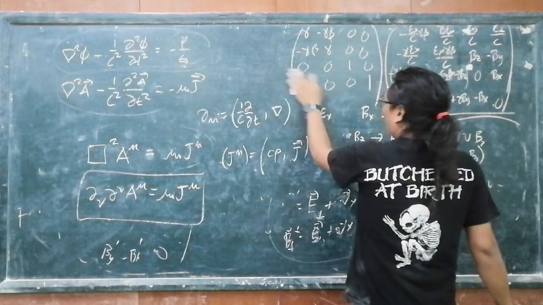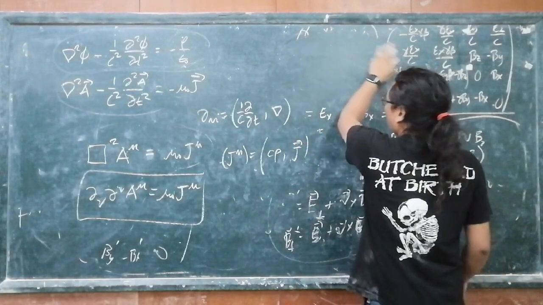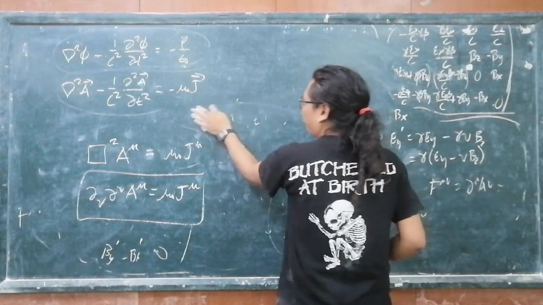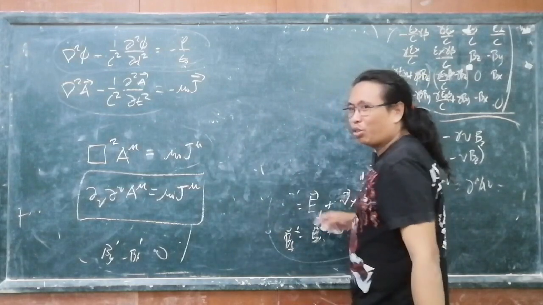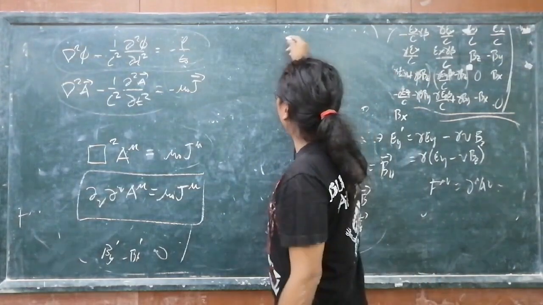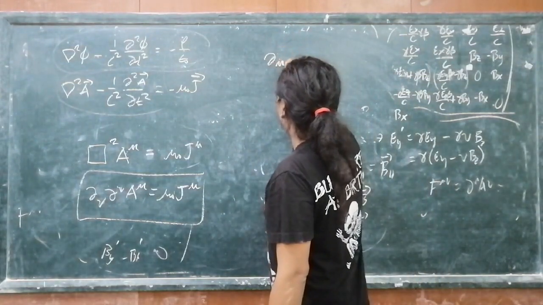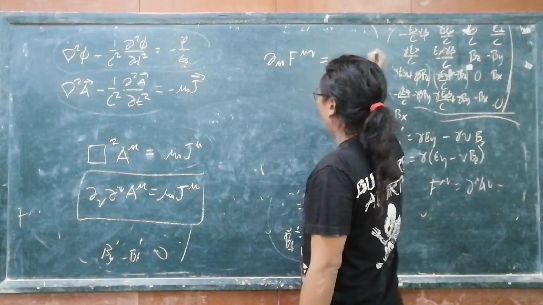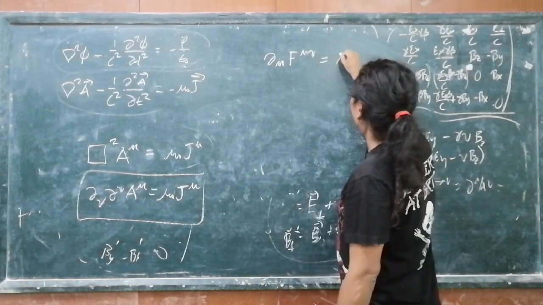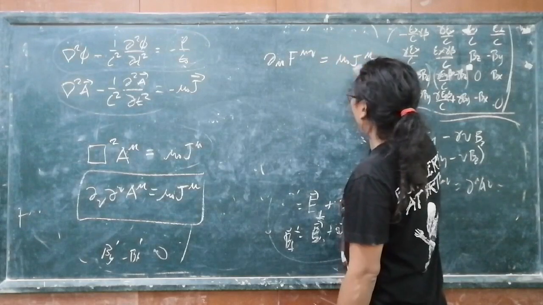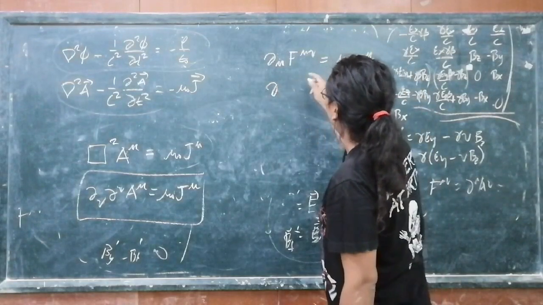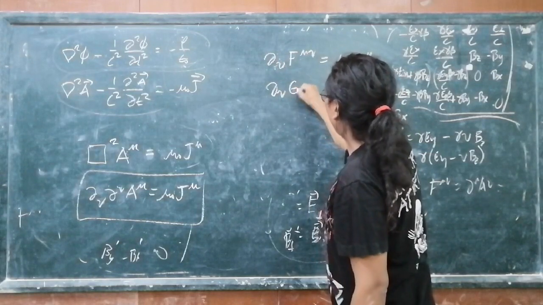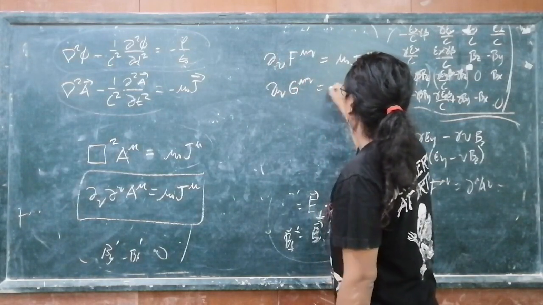Now, what I have not done here, and I want you to do this on your own, is this. Actually, you have this partial mu F mu nu equals mu naught J mu, and partial nu G mu nu equals 0.